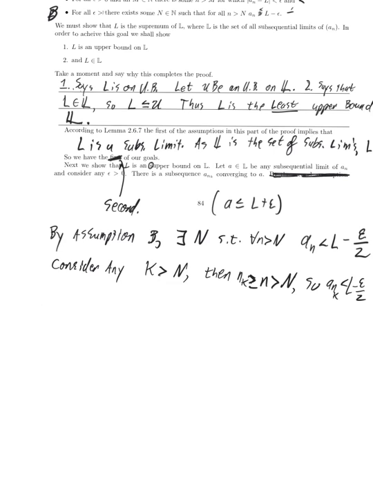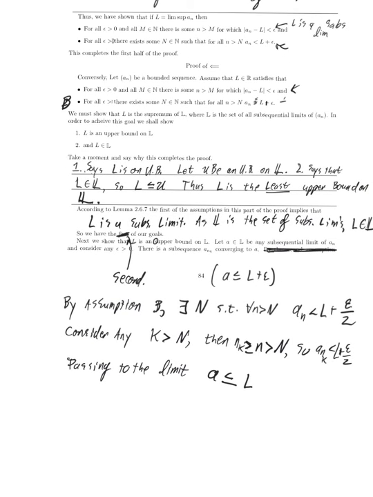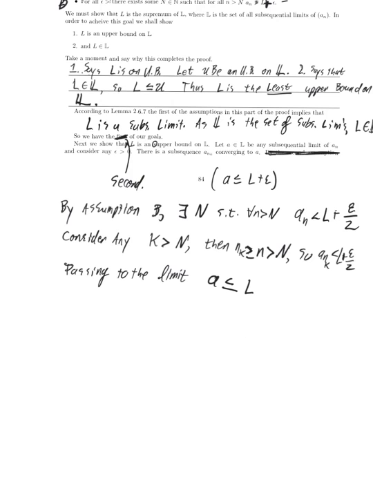I have that as soon as little k is bigger than big N, that inequality holds. Passing to the limit, A, the limit of A sub n sub k, is less than or equal to, notice even though I had a strict inequality before, when you take the limit you only get a loose inequality, L plus epsilon over 2.